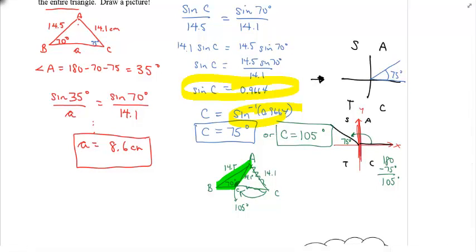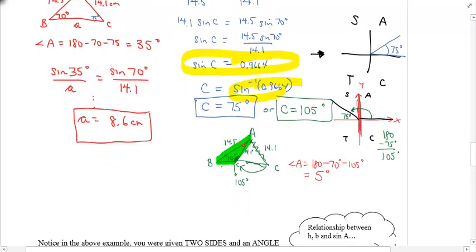And so in that case we have to do the whole process again. Now we'll have to find this angle A. Angle A is just 180 minus 70 minus 105 this time. That's a measly 5 degrees. And then to find side length a, we'll do the same calculations again.